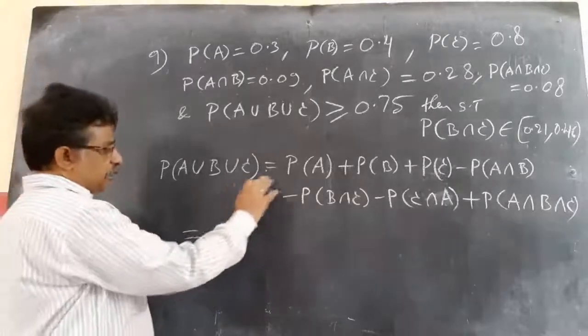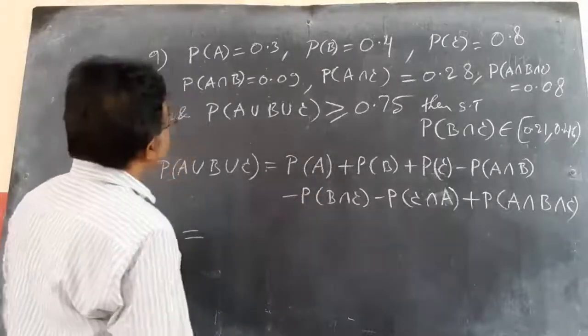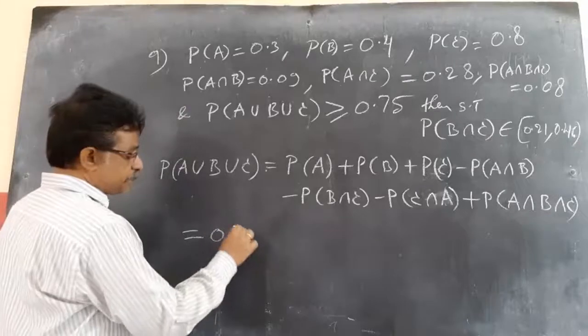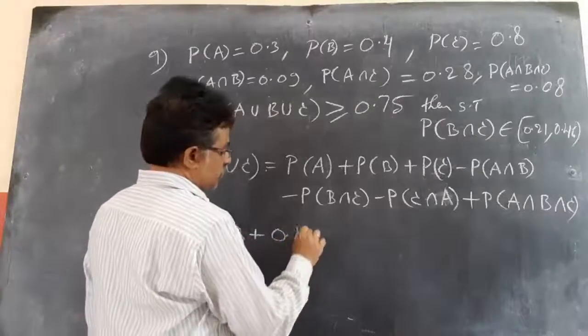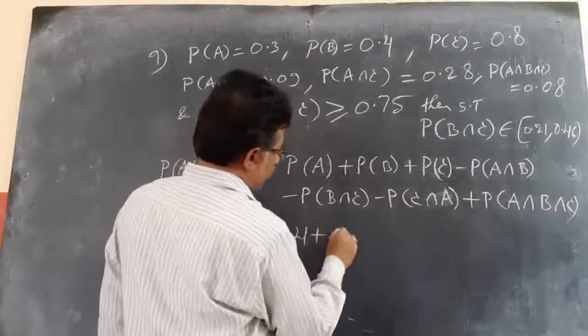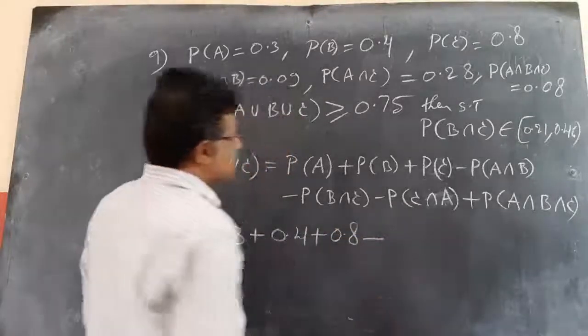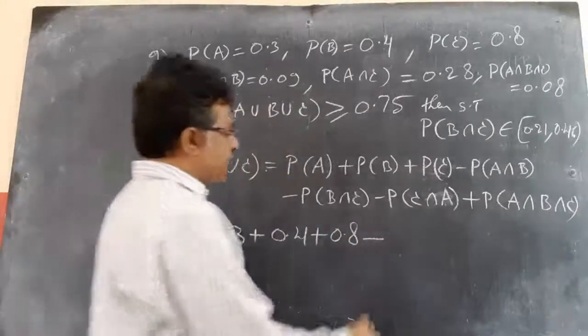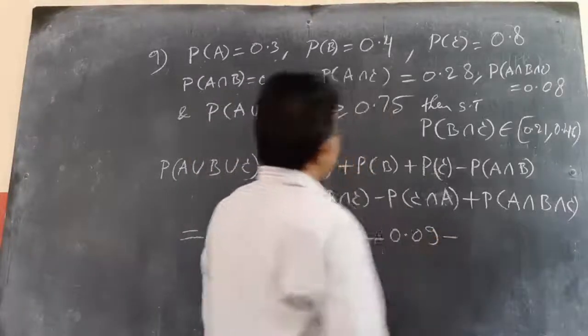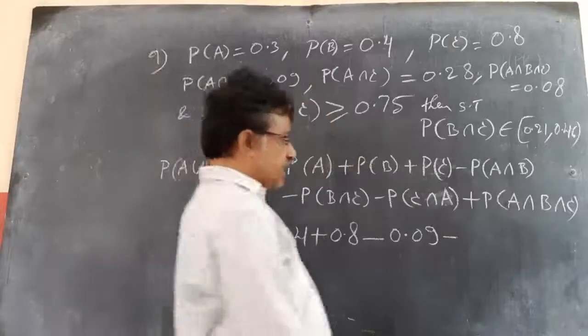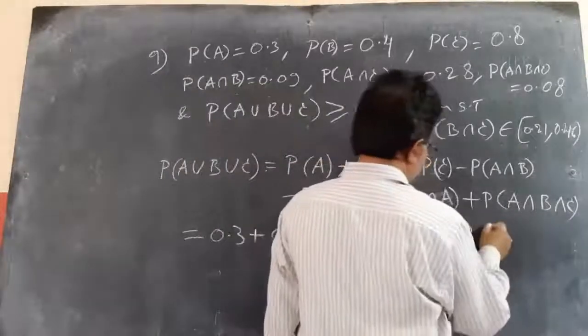First, P of A union B union C equal to P of A, 0.3, plus P of B, 0.4, plus P of C, 0.8, minus P of A intersection B, that is 0.09, minus P of B intersection C. We don't know, we need to find that only.